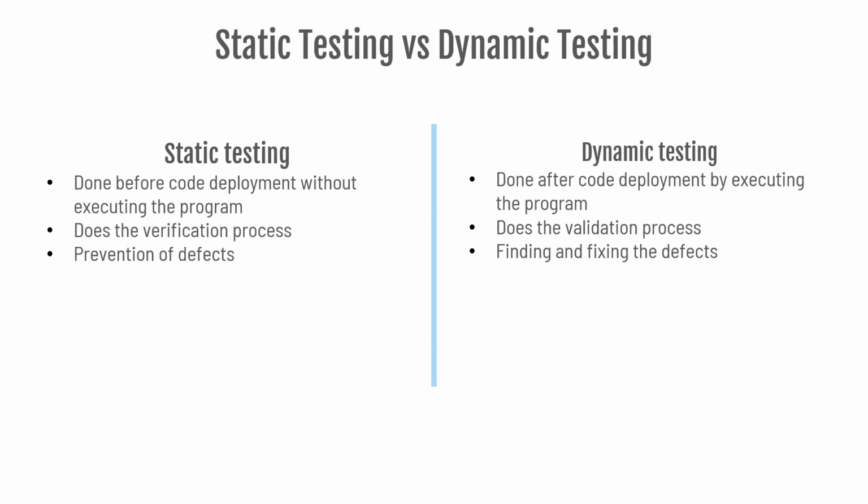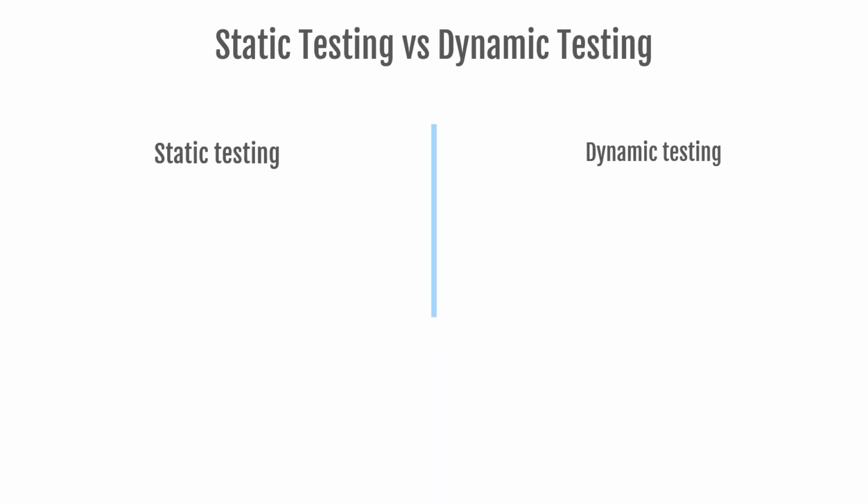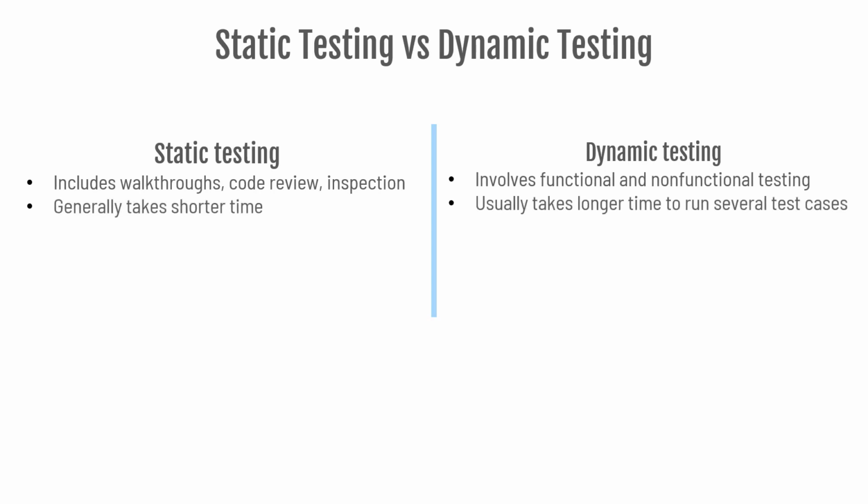Static testing involves a checklist for the testing process, and dynamic testing involves test cases. Static testing is performed in the early stage, while dynamic testing is performed at the last stage of software development.